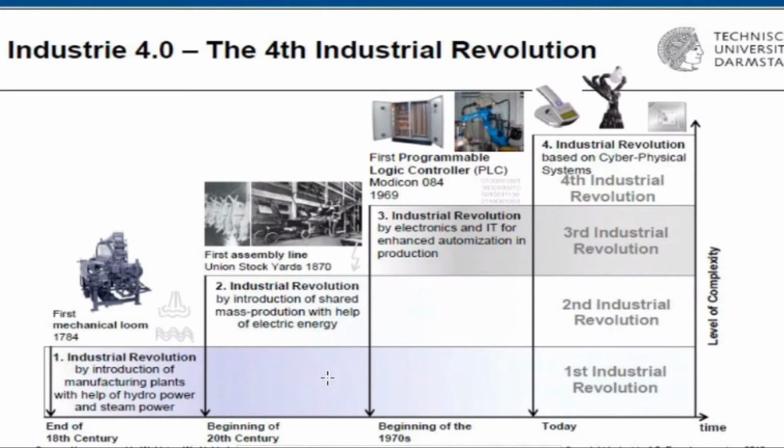Prior to that, it was still using mechanical artifacts for manufacturing, but it was not really mass production. The second stage was basically electrification and industrialization. The third stage was when there was digitalization and the introduction of microelectronics and automation.